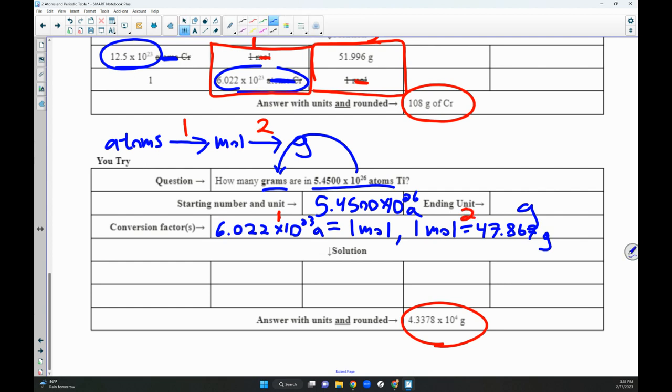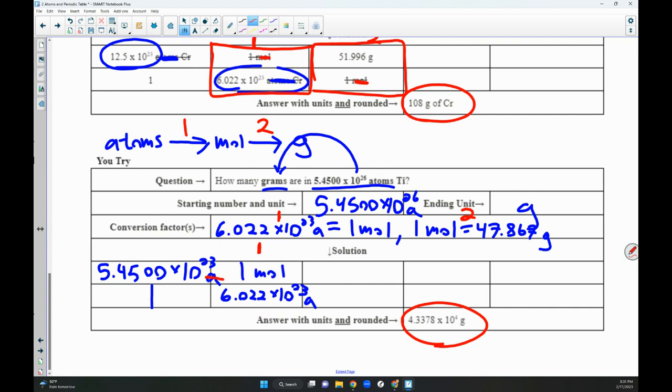Now we plug everything in here. Put my starting number and unit down here, 5.4500 times 10 to the 23rd atoms. Put that over 1. And I'm going to multiply by my first conversion factor. I'm going to put atoms on the bottom so that I can cancel it out, and I put moles on top.